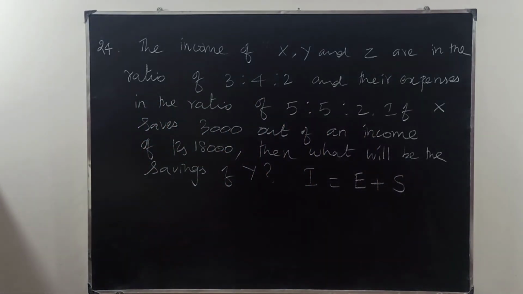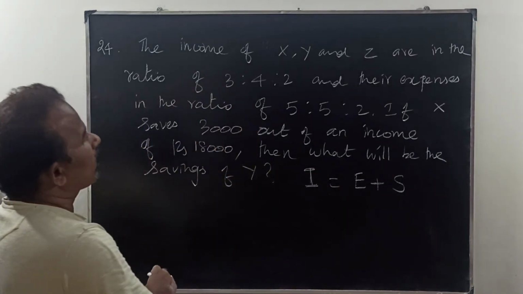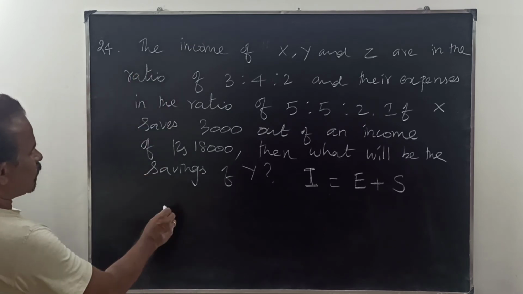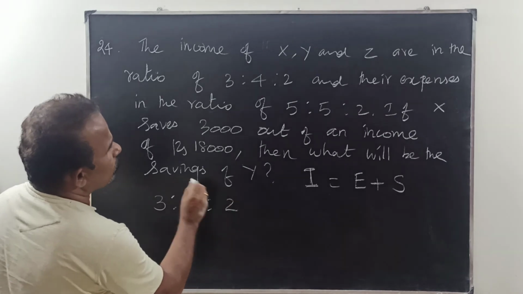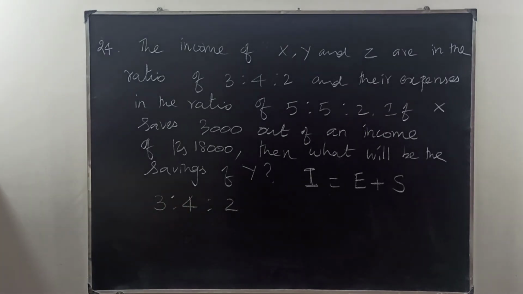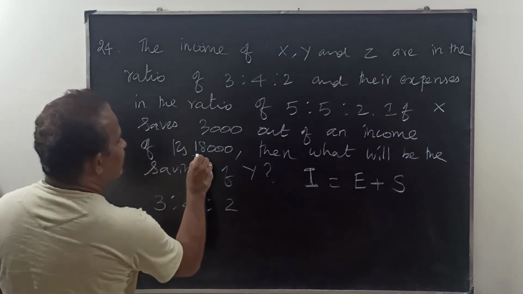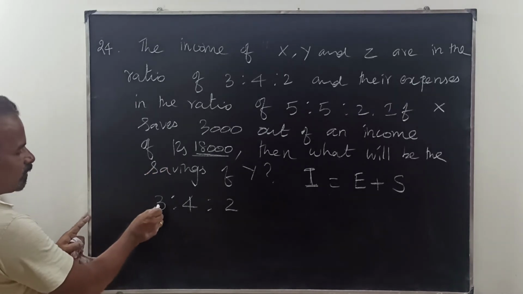So the income ratio is 3:4:2. The income of X is 18,000.